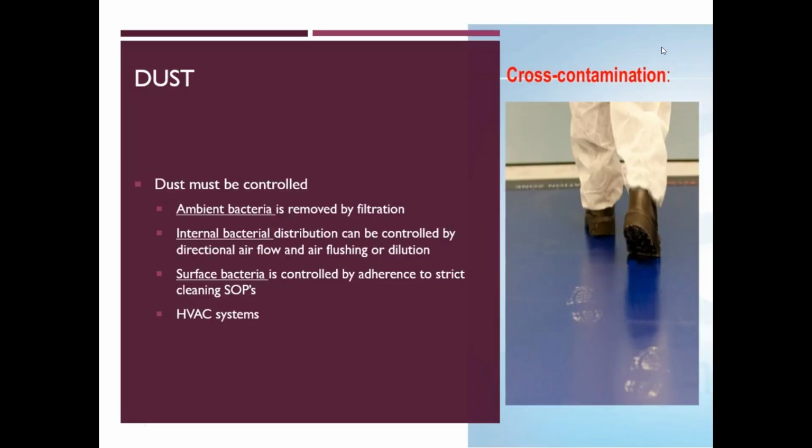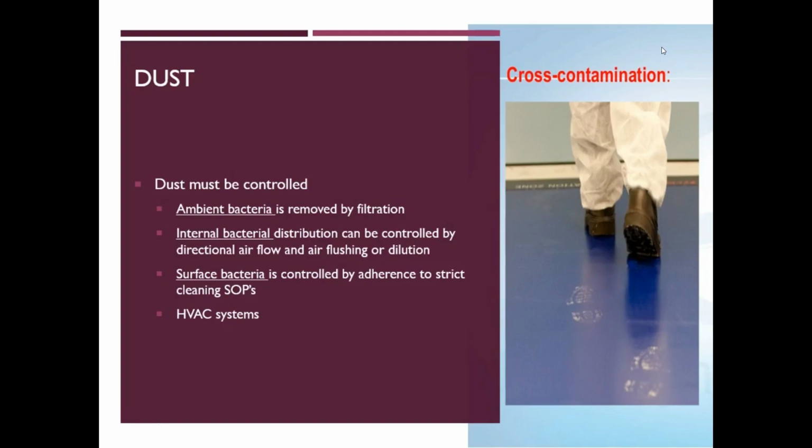Just to go back to dust again, dust is a carrier and it has to be controlled at all times. Ambient bacteria can be removed by filtration, and internal bacterial distribution can be controlled by directional airflow, air flushing and use of appropriate HVAC systems. Surface bacteria is controlled by adhering to very strict cleaning procedures or standard SOPs.